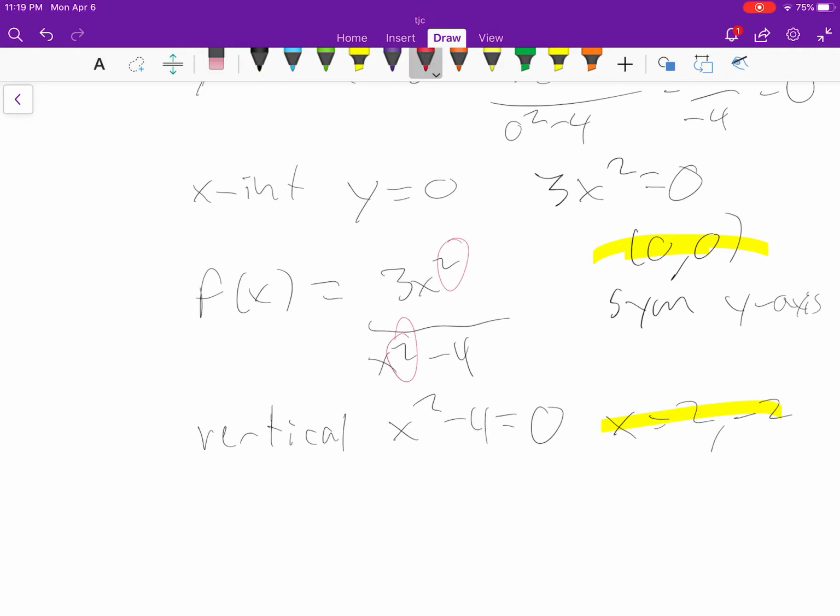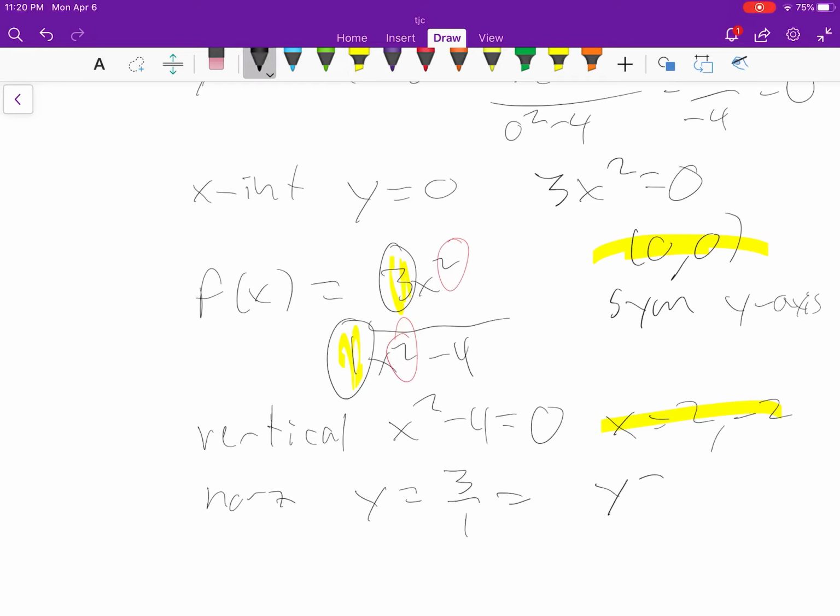All right, now let's look at the function again. Notice that the powers on the numerator and denominator are the same. So using the rules for horizontal asymptotes, since they're the same, it's going to have a horizontal asymptote at the ratio of the leading coefficients. Horizontal is going to occur at y equals 3 over 1, because the leading coefficients are 3, and there's an understood 1 here.